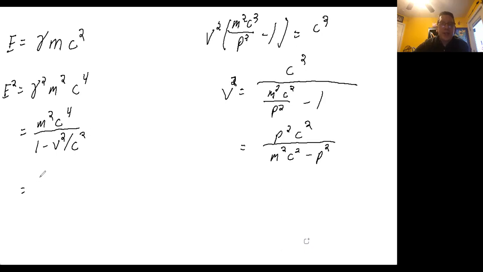So we have m squared c to the fourth, and then 1 minus v squared over c squared, which becomes 1 minus p squared over m squared c squared minus p squared.